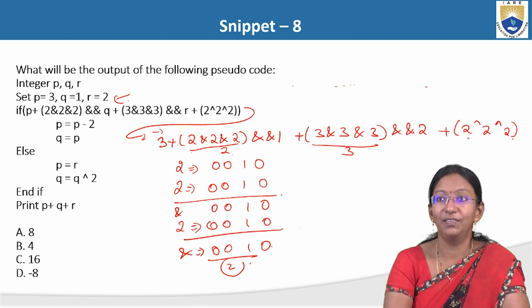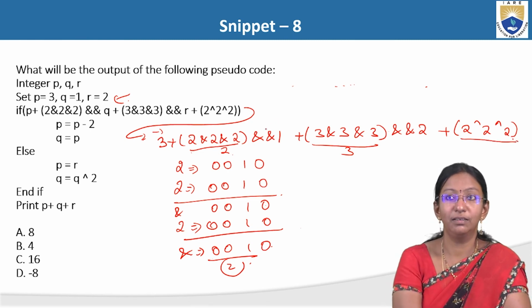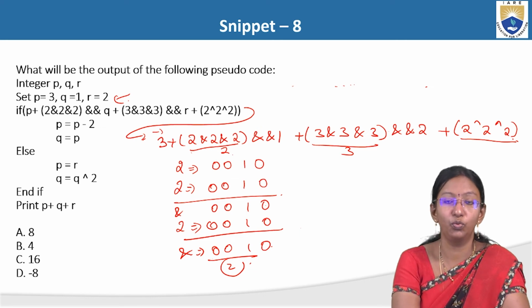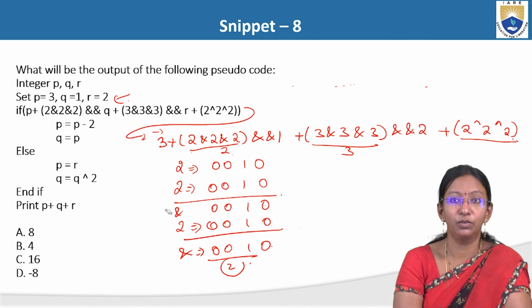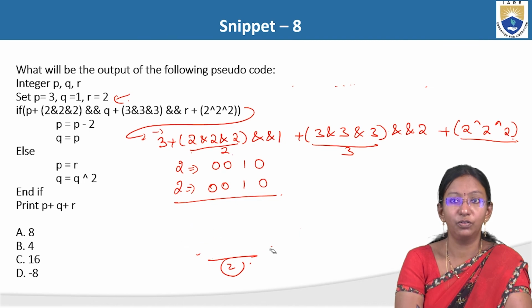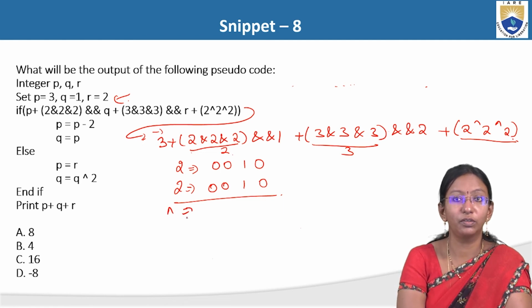Okay, let's evaluate the third brackets, that is 2 XOR 2 XOR 2. Very good. So again, let me override this one, guys, I don't want to mess it up with loads of calculations. If I perform XOR, what does XOR say?